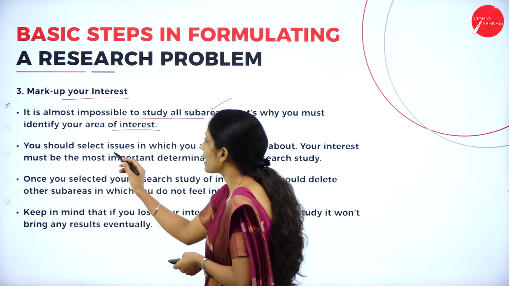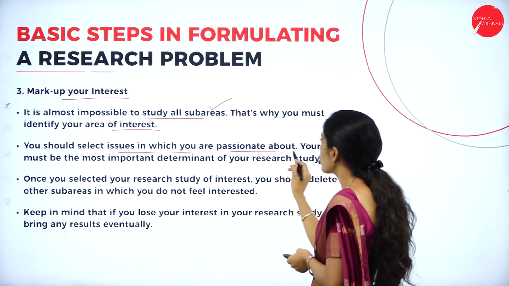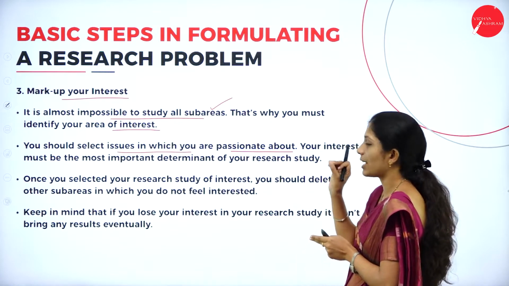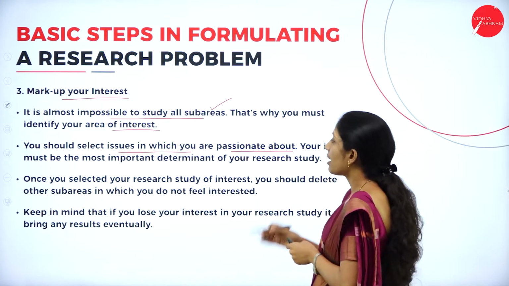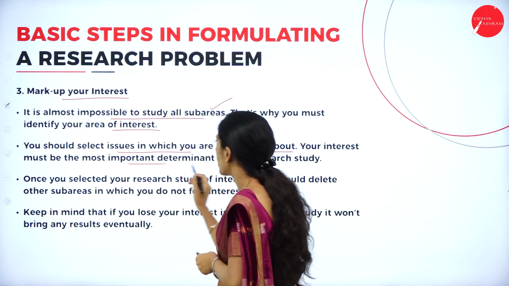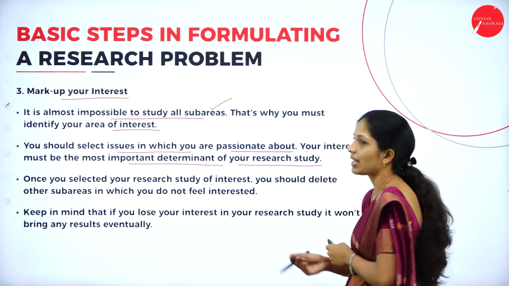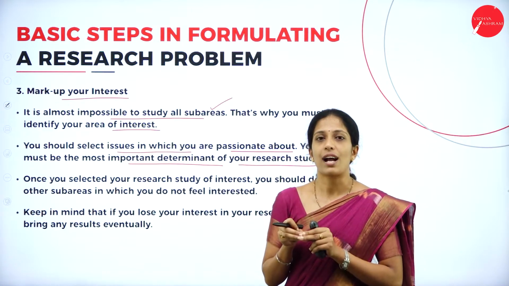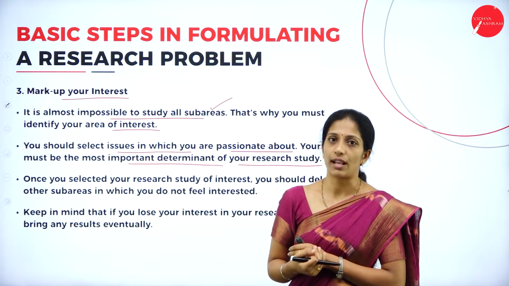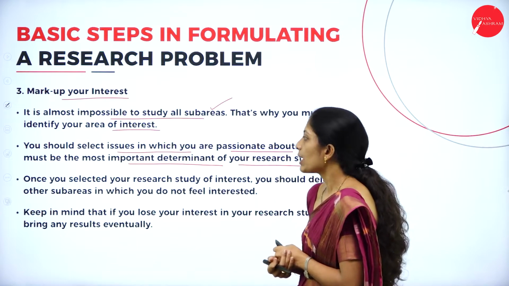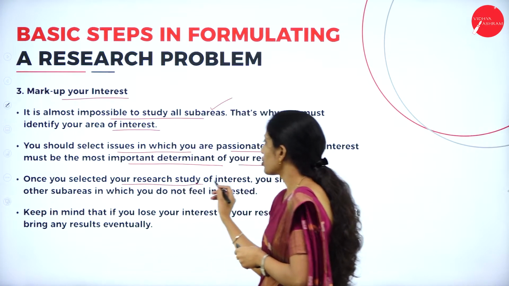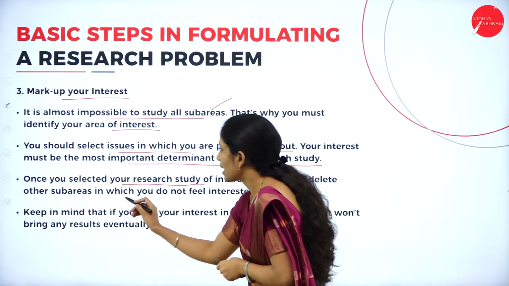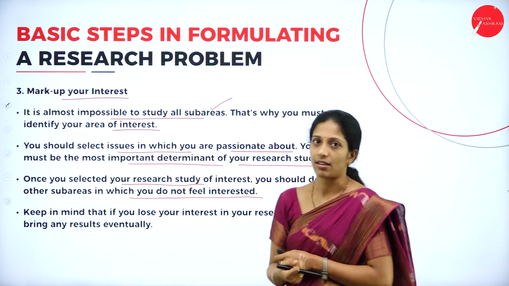You should select issues which you are passionate about. In which area you are more passionate, that area you have to select. Your interest must be the most important determinant of your research study. If you study in the area in which you are interested, you will get even more interested in that particular topic. Once you have selected your research study of interest, you should delete the sub-areas in which you do not feel interested.